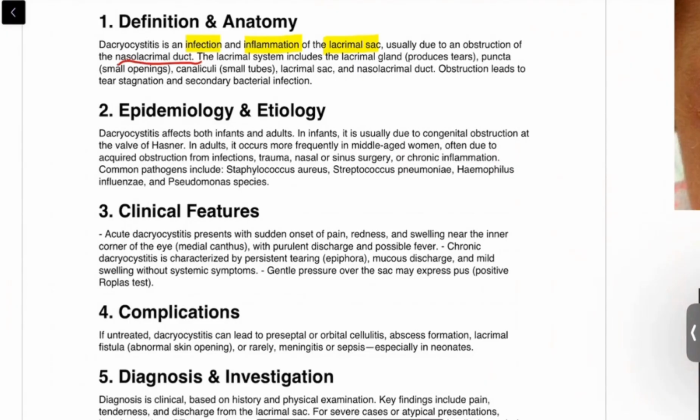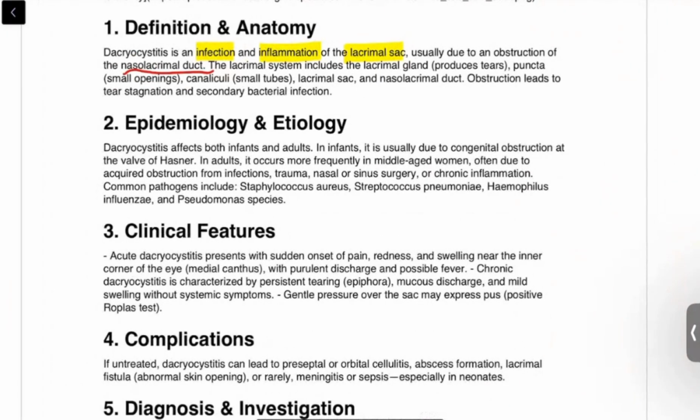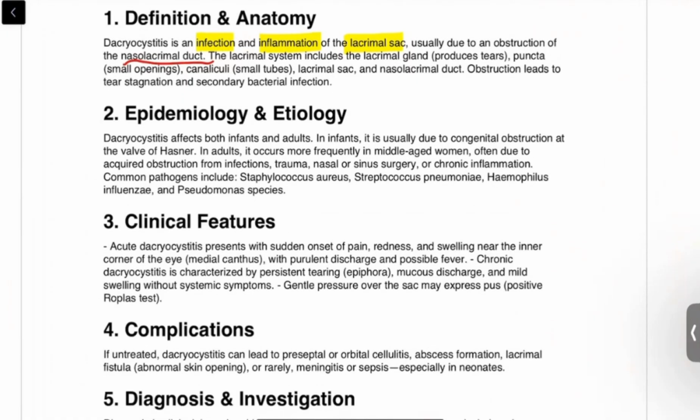So basically the distal pathway is obstructed, leading to collection in the lacrimal sac and that getting infected or inflamed, leading to dacryocystitis. Okay, the lacrimal system, just like we discussed, includes lacrimal gland, puncta, canaliculi, lacrimal sac and nasolacrimal duct. Anywhere the obstruction occurs, it leads to tear stagnation and secondary bacterial infection.